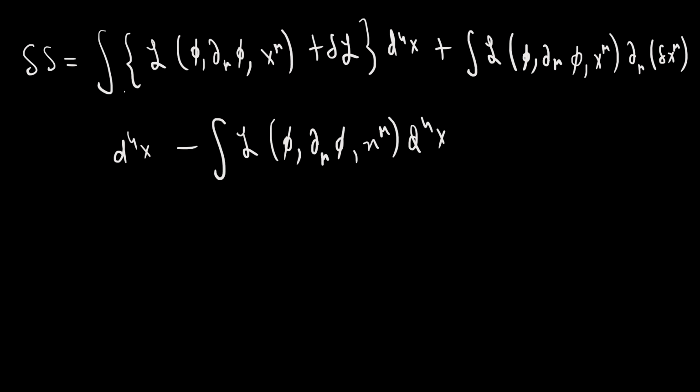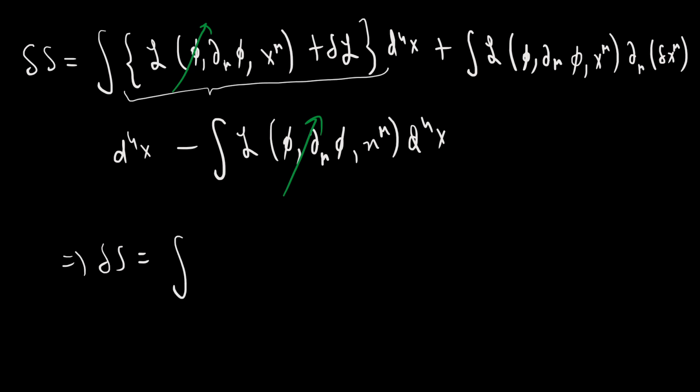So the first term in this bracket, that is this Lagrangian, cancels with this Lagrangian, and we are left with delta S equals the integral of delta L plus L del mu delta x mu, d4x.